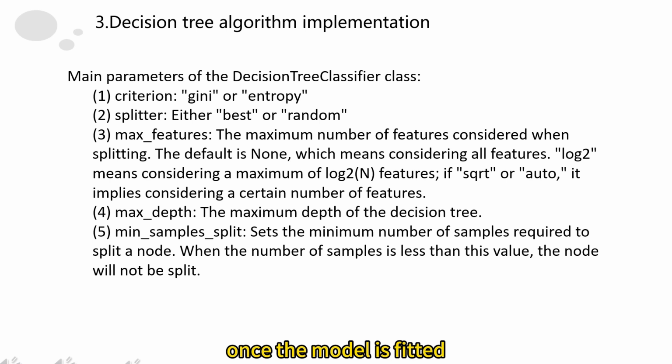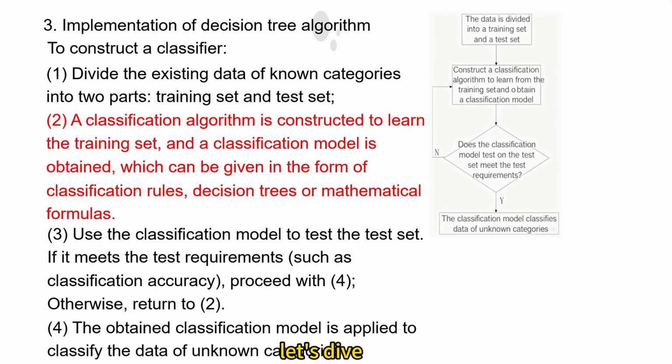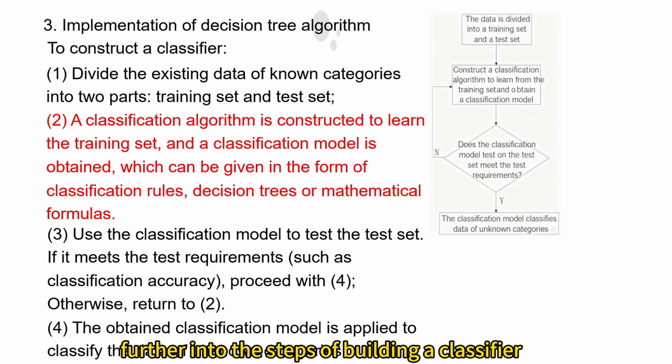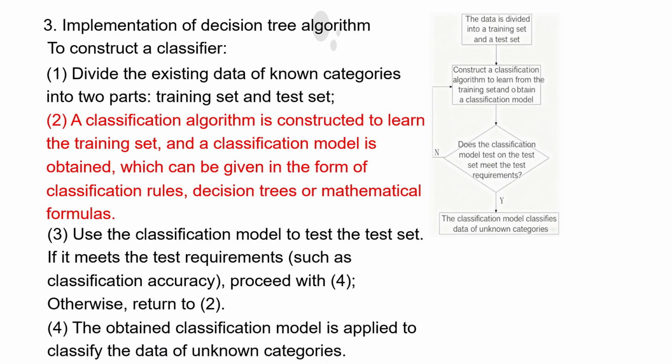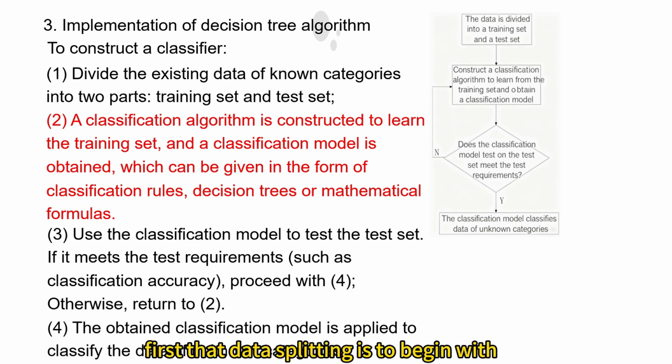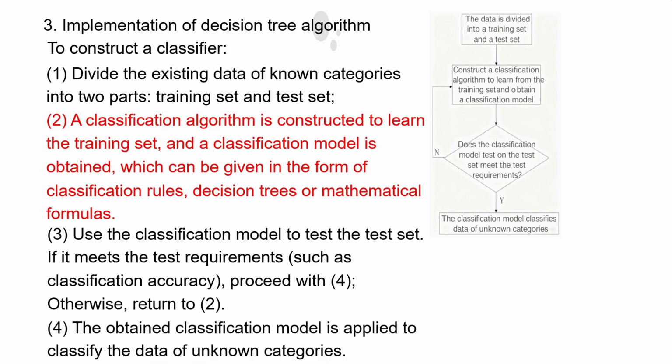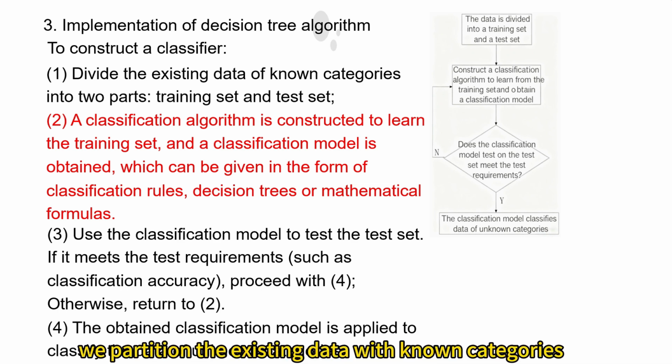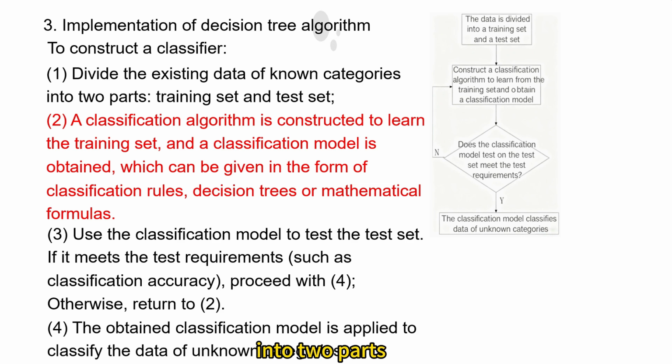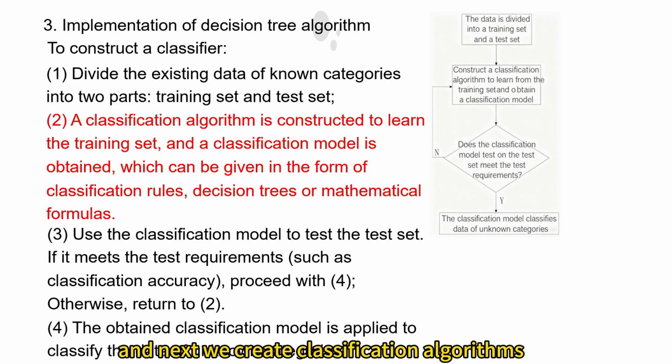Once the model is fitted, you can use it for predictions and classification tasks. Let's dive further into the steps of building a classifier. First, data splitting is where we begin. We partition the existing data with known categories into two parts, a training set and a test set. Next, we create a classification algorithm.